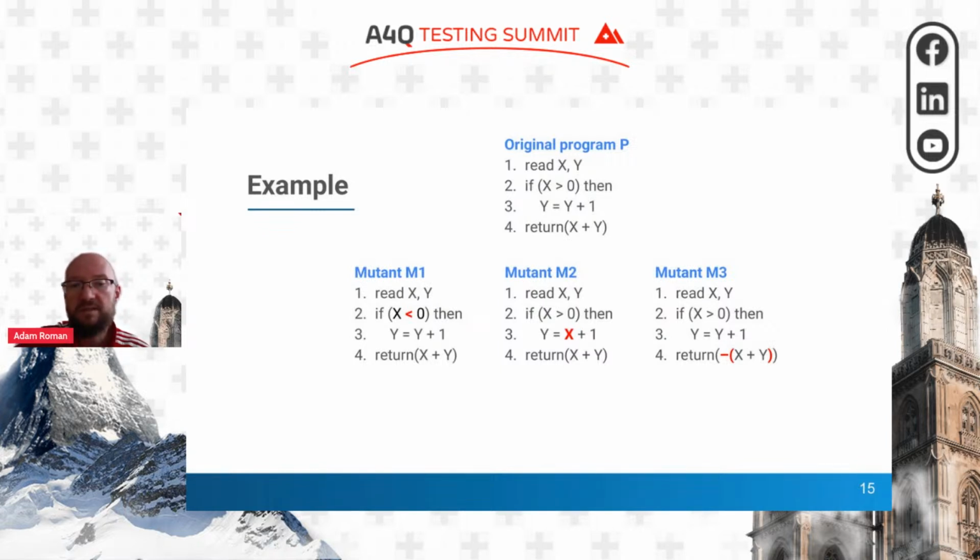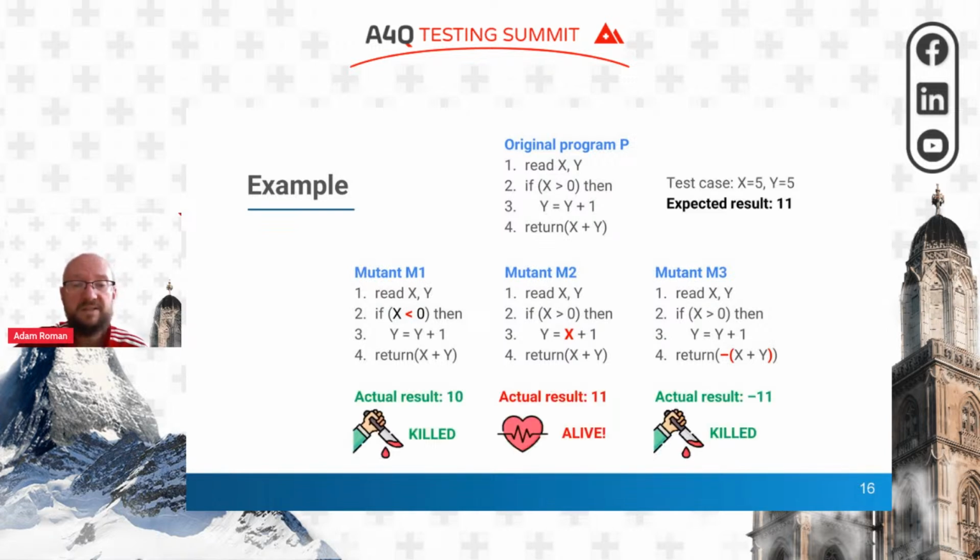So we have these three mutants. Now let's say we have a test case with x equals 5 and y equals 5. It's easy to see that the expected result should be 11. When we look at the results for all these three mutants, for M1 the result is 10, and for M3 the result is minus 11.